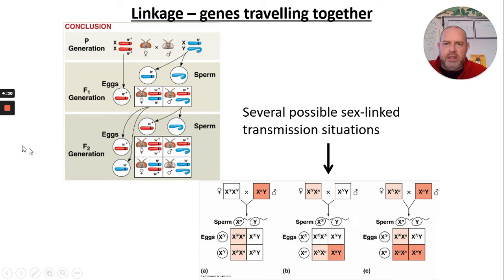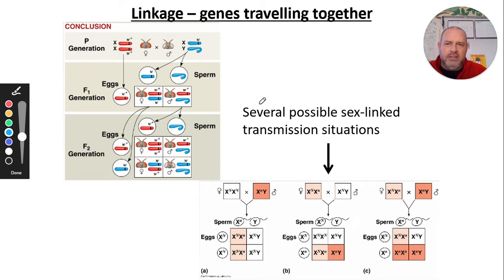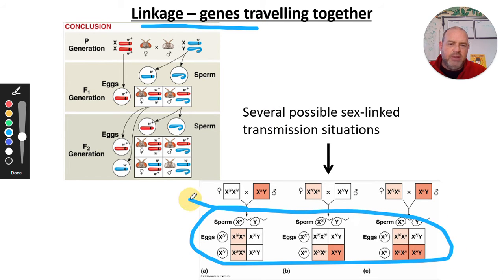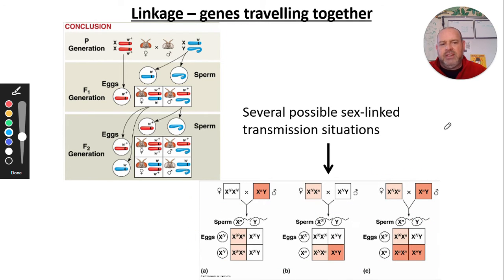So if we go on, though, one of the points is that when you have these linked genes, they can give you different combinations. They do not always follow the typical 3-to-1 ratio when you have sex-linked transmissions.